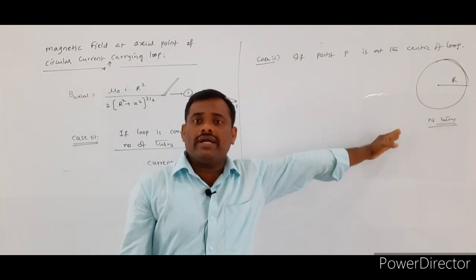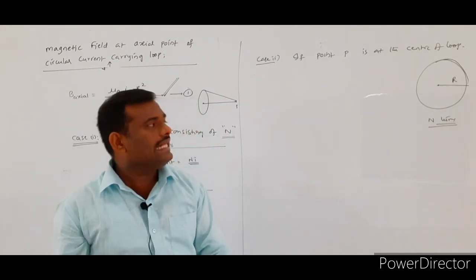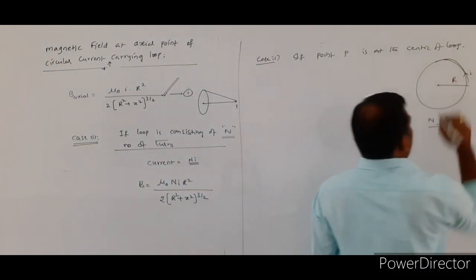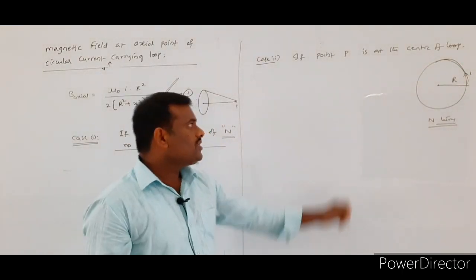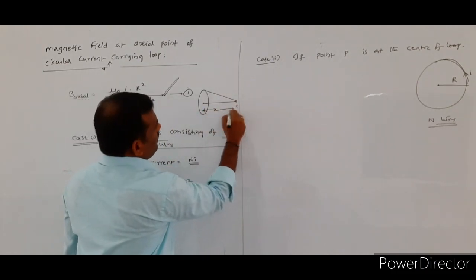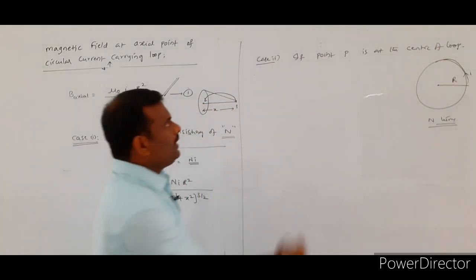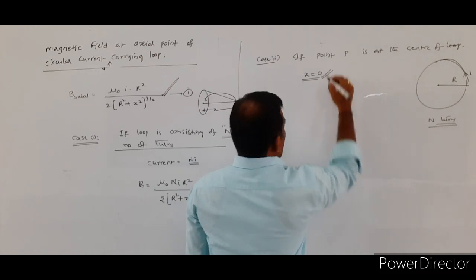It is also an important application. So they are asking you to find the magnetic field intensity at the center of the circular current carrying loop. At the center means whenever the point P comes to the center of the loop, x value is equal to 0.